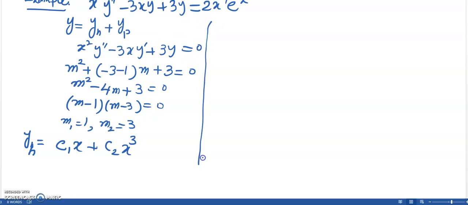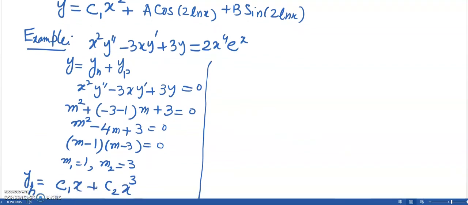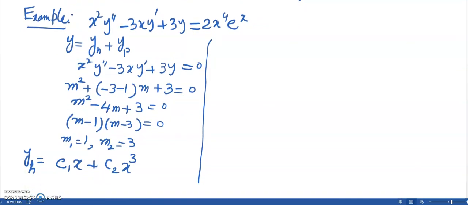For the non-homogeneous part, we can apply the variation of parameters method, just like we did for second order ordinary differential equations.